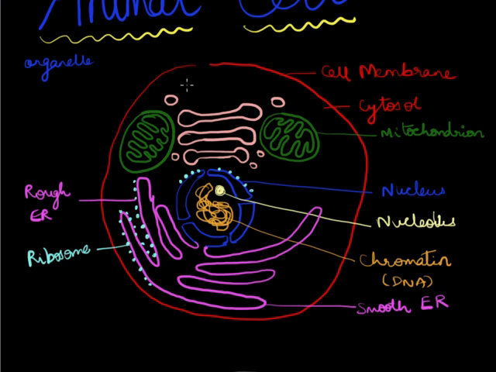Now when a substance needs to be transported outside the cell, the vesicle containing that substance will come and fuse with the cell membrane. Now understand that at all times the cell membrane is a complete structure. There are no such gaps. Only when a vesicle is coming and fusing, there is a complex mechanism behind that which we will learn someday. But for today's purposes, just understand that this vesicle comes and fuses with the cell membrane, but there is no such open gap before the vesicle fuses with the cell membrane.